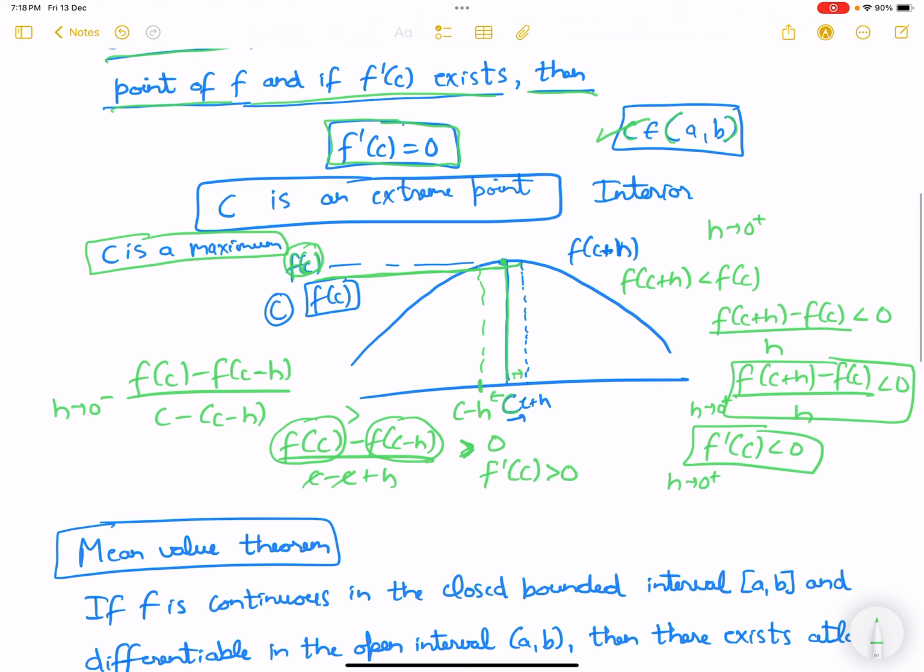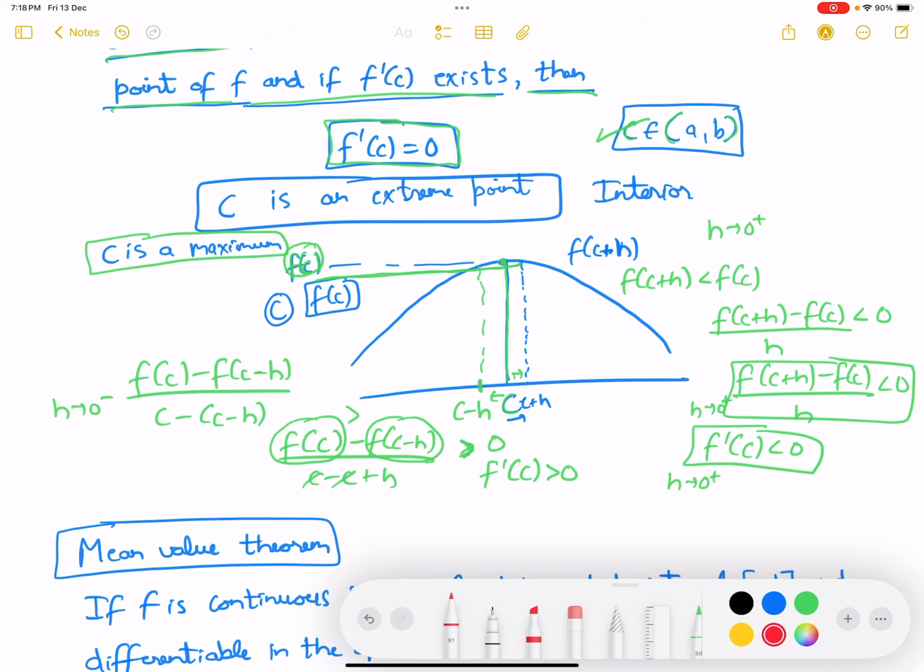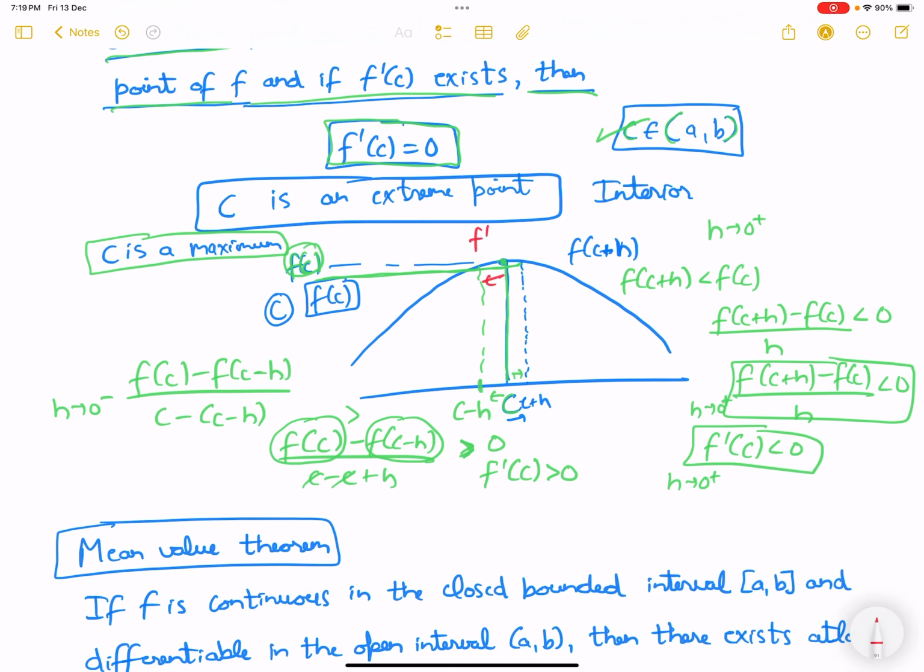Now, I will mark this in red. Since below this point, very close to c, f dash c is greater than 0, the slope must be increasing. And beyond c, f dash c is less than 0. So the intermediate value theorem would state that at point c, f dash c should be equal to 0. I hope this is clear.